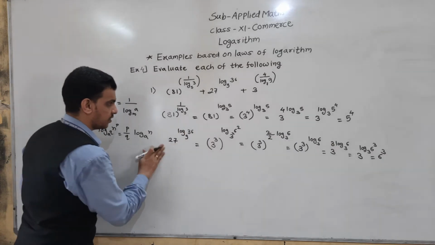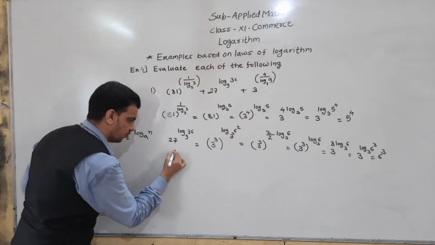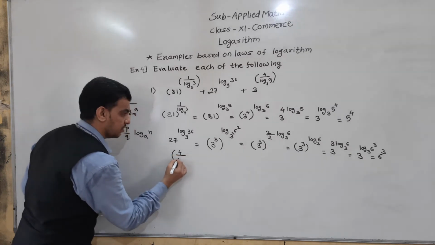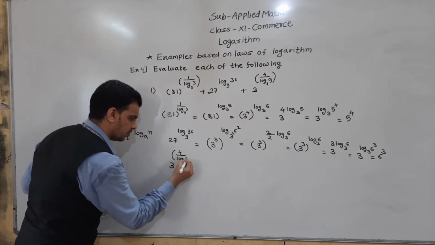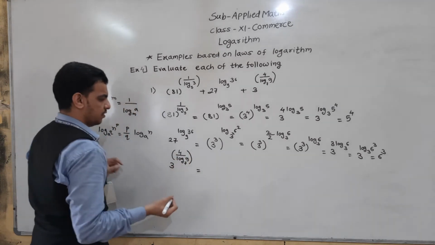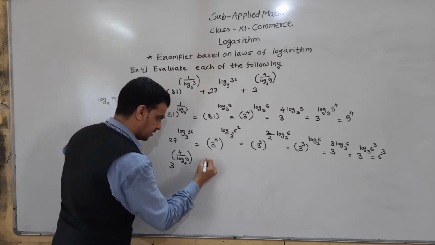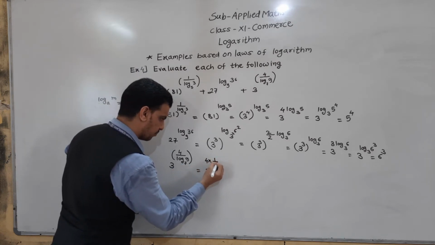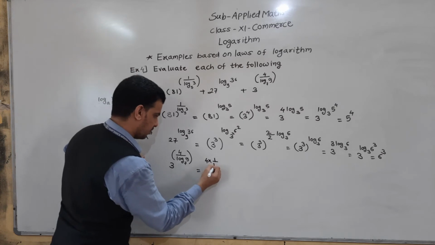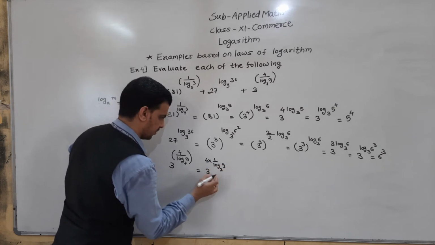Similarly, the third term. So what is the third term? 3 raised to 4 upon log 9 to the base 7. Now 3 raised to, I can write this as 4 into 1 upon log 9 to the base 7.